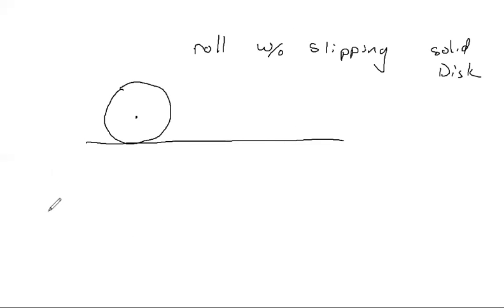If you remember, for a solid disk, the moment of inertia has the following formula. It's equal to 1/2 the mass of the disk times the radius of the disk squared.